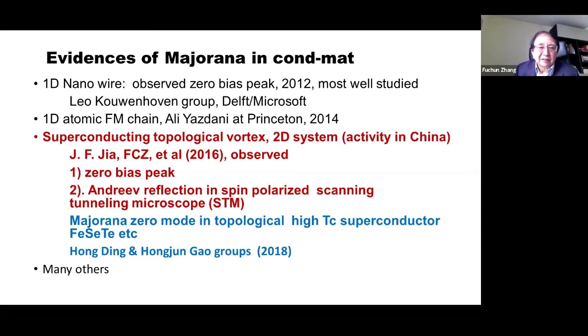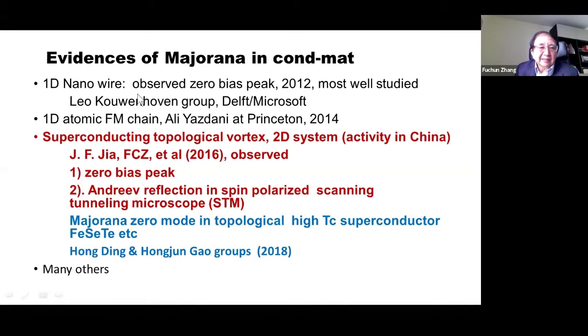In that system, actually, that was the first time a zero bias peak was reported, which they identified to be a Majorana zero mode in 2012. Okay, and it's still the most well-studied system.